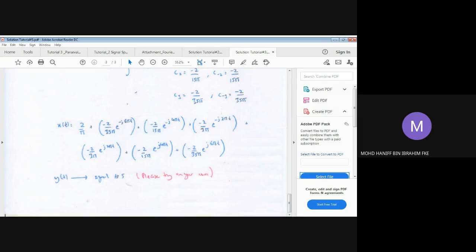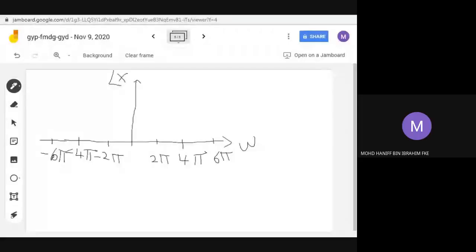So for that particular case, if we go back to this Jamboard, you are supposed to get all of these as pi.